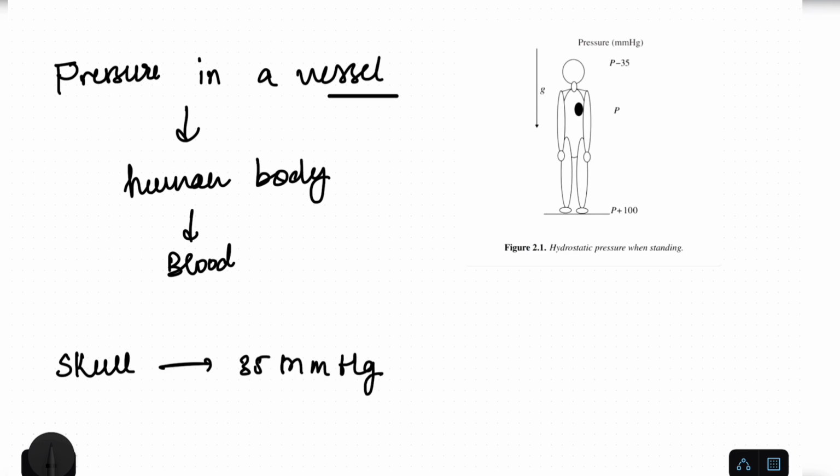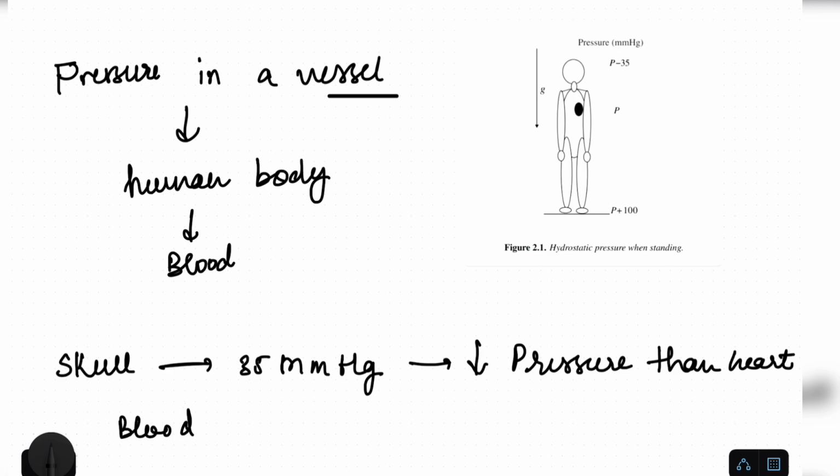We would expect the pressure in the blood vessels in the skull to be about 35 mmHg lower than that of the heart, and that in the blood vessels in the feet perhaps 100 mmHg higher. So the pressure present around the foot will be more than the pressure at the skull, because the feet are at a lower height than the skull.